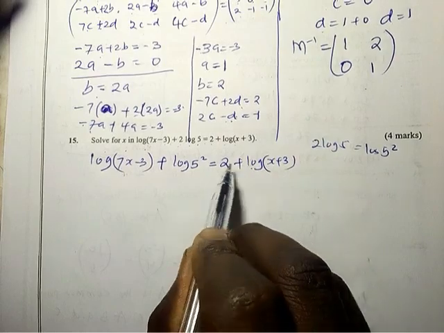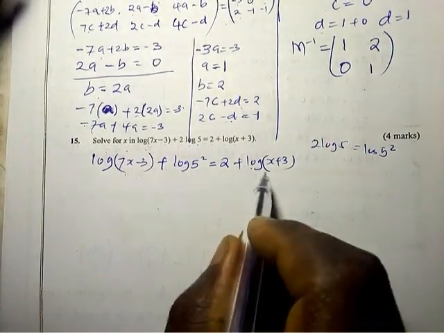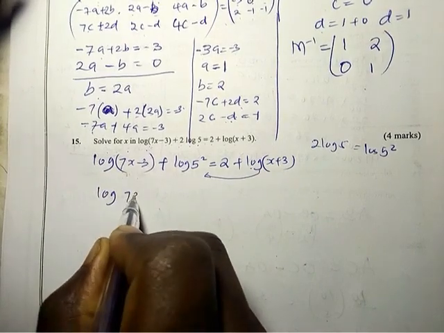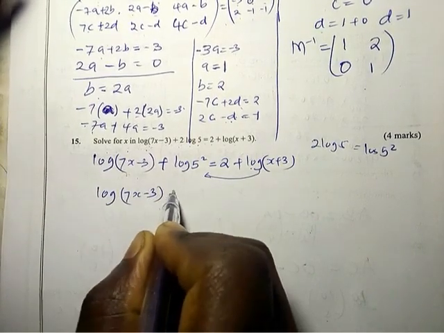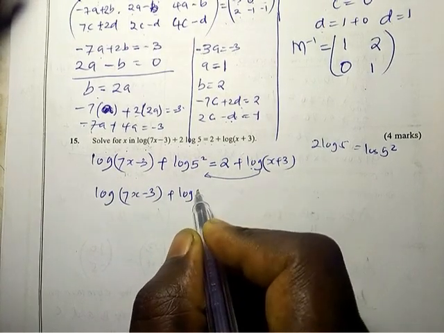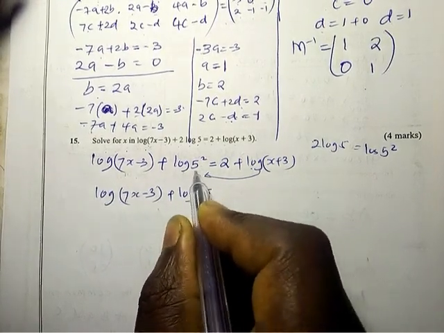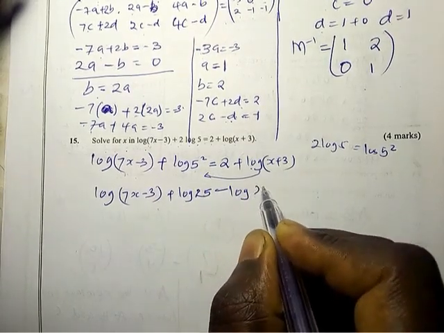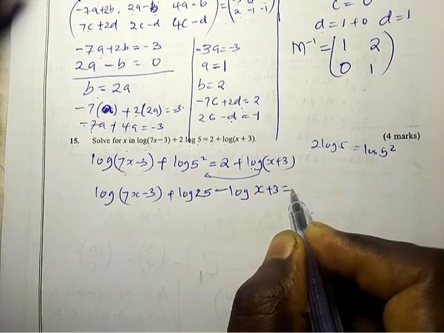So let us put the logs on the same side, so we bring this to this side. So log 7x minus 3 plus log 5 squared, that is 25, minus log x plus 3 is equal to 2.